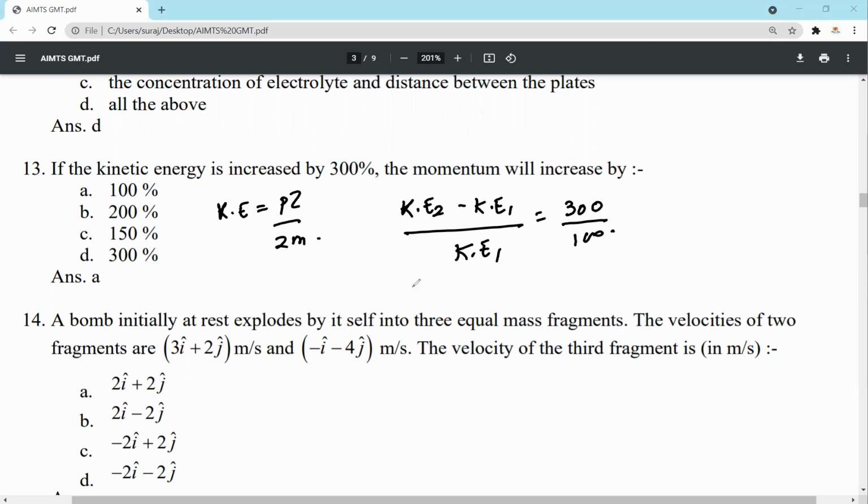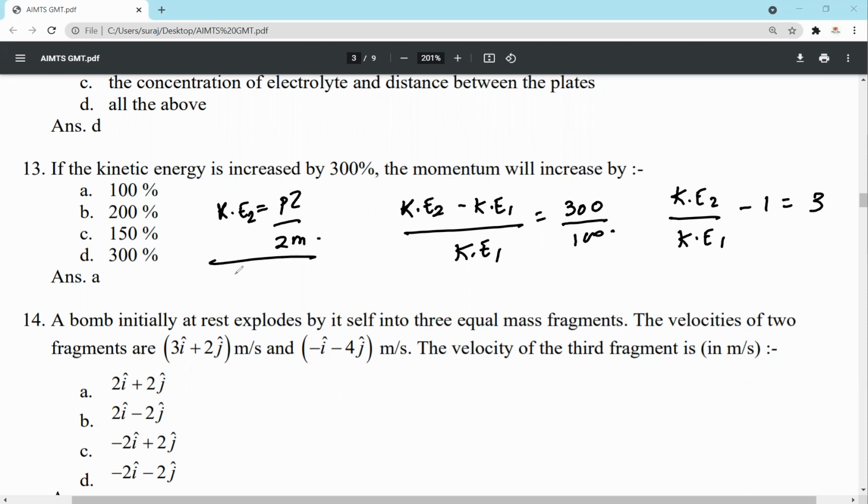So KE2 by KE1 minus 1 equals 3. So KE2 by KE1 becomes 4.